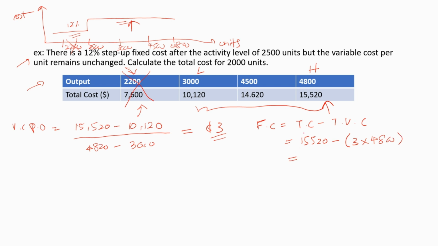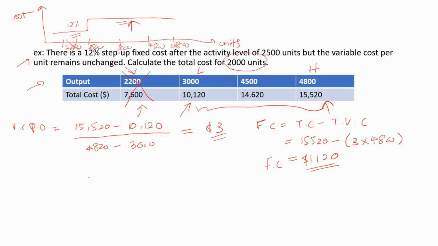So the fixed cost is $1,120. If you assign the variable cost per unit to the lowest activity level, you will also get the fixed cost as 1,120. Now what we have to do is they are asking the total cost for 2,000 units.